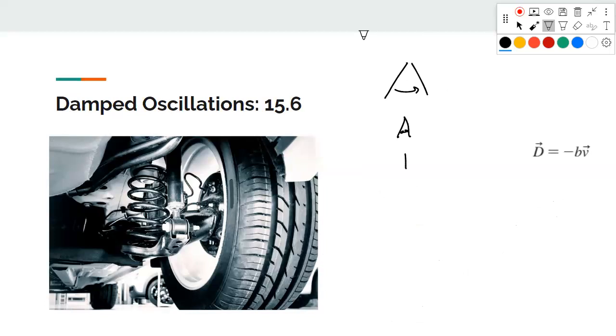Or similarly, the shocks in your car, when you drive over a bump, they're going to oscillate for a little bit. You might feel your car shaking depending on how things are tuned, but over time, that'll dissipate. And the reason for that is friction. And even though the friction in these systems is really complex, we can think of it very similarly to the case of laminar flow.